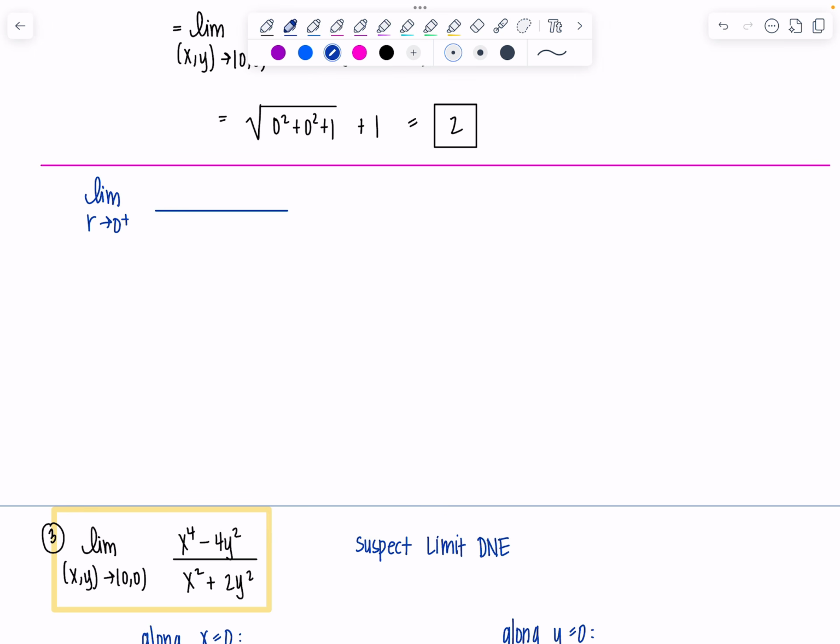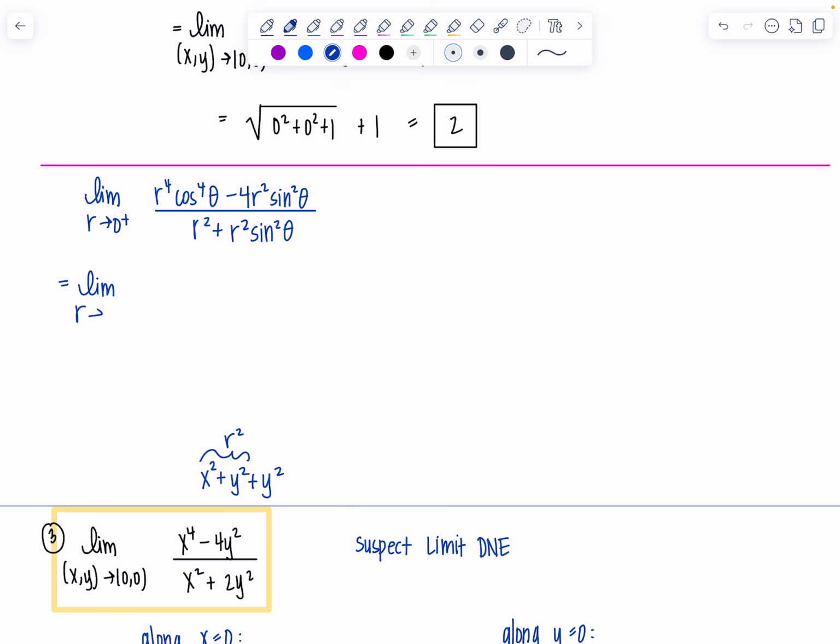X to the 4th would be r to the 4th cosine to the 4th theta, minus 4y squared is r squared sine squared theta, over, now x squared plus 2y squared, look how slick I'm going to be. X squared plus 2y squared is x squared plus y squared plus y squared. So this is r squared plus r squared sine squared theta. You see that? Wow. Okay, I can cancel r squared out from everywhere.